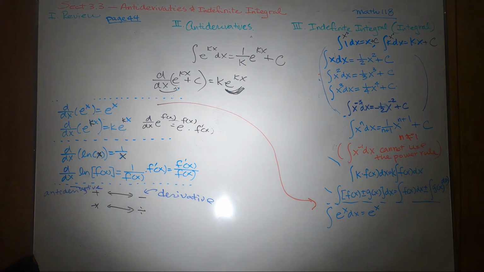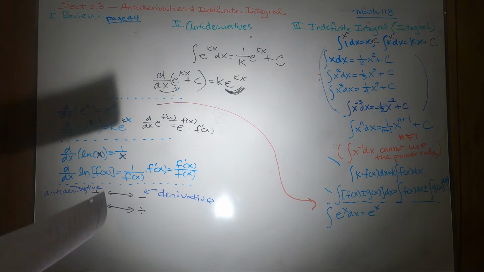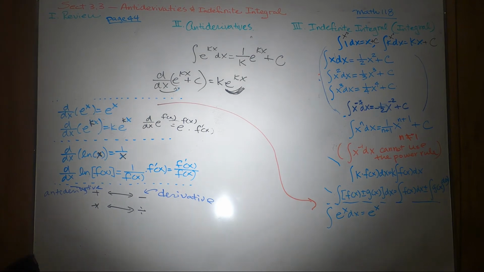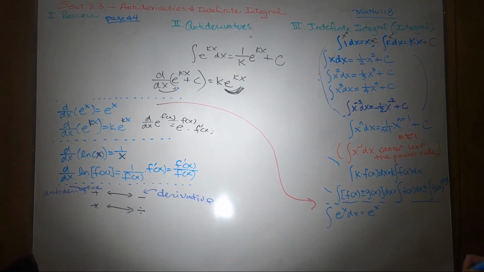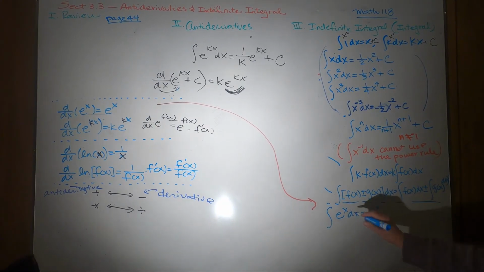Okay? So for the exponential function, what happens if I not only have regular e to the x power, but when I do the antiderivative, I have something like kx power, which is quite often in our applications. Oh, I need to add plus c here, right?